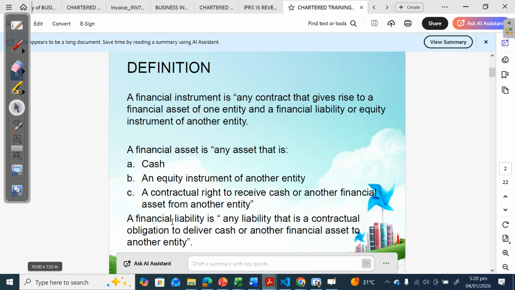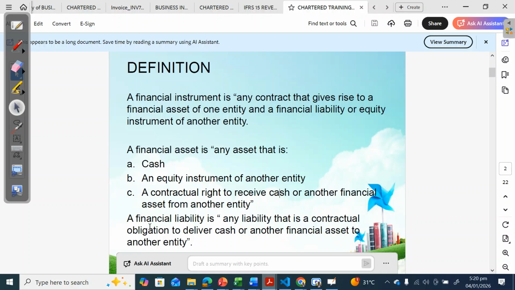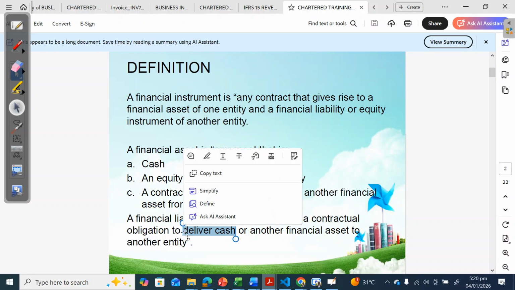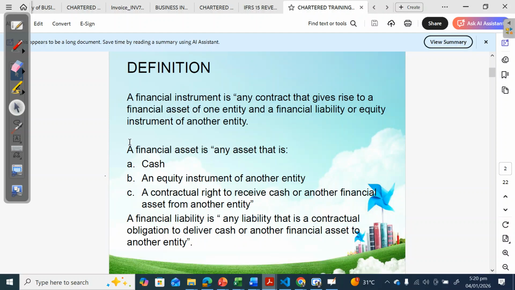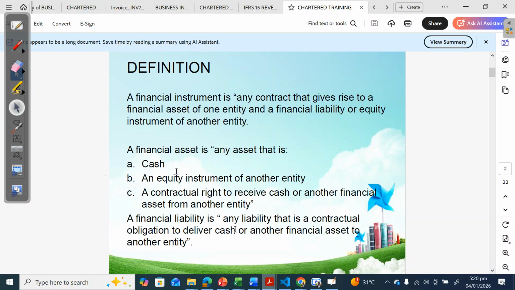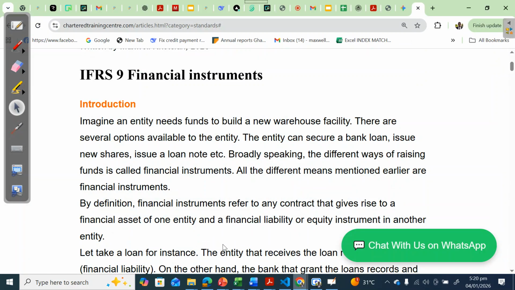A financial liability is any liability that is a contractual obligation to deliver cash. The key word here is deliver. It's an outflow. A financial asset is an inflow, it's coming in. A financial liability is an outflow.